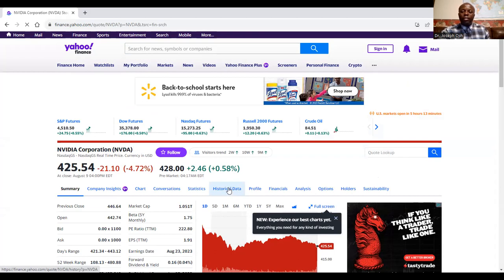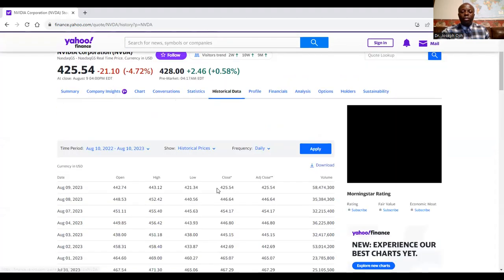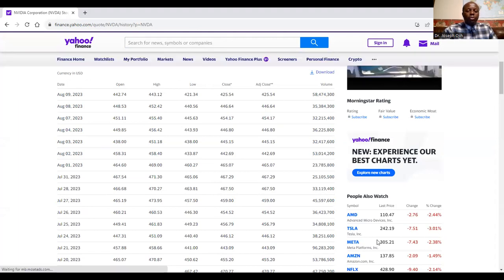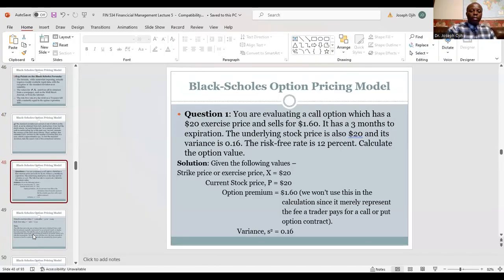You can use them to calculate the return and then calculate the standard deviation of that return. The standard deviation is a measure of risk. So these are the things we need to know about the option. Now let's get to work.